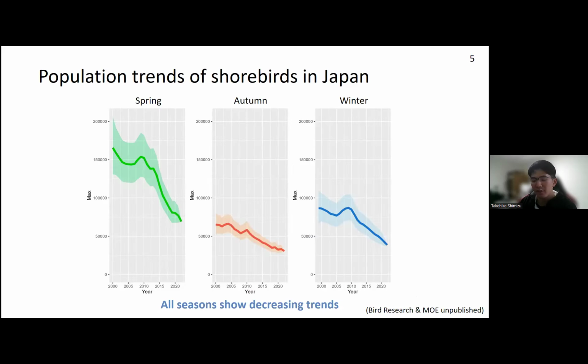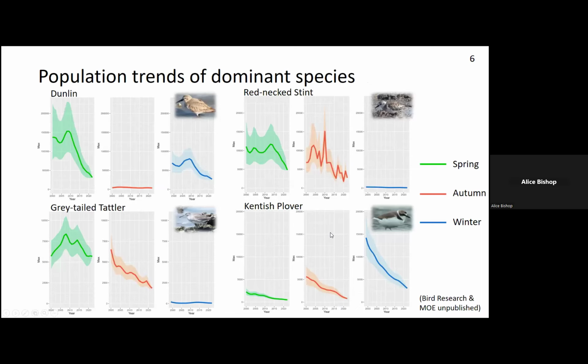So next, I show you the population trend of overall shorebirds in Japan. You can see that all seasons show a decreasing trend from 2000, even though habitat areas are actually relatively steady in this period. Also, for dominant species, Dunlin, red-necked stint, gray-tailed tattler, and Kentish plover show a similar decreasing trend.